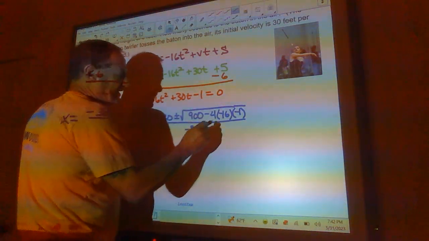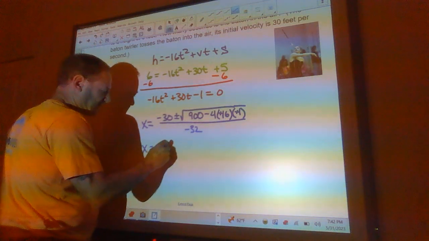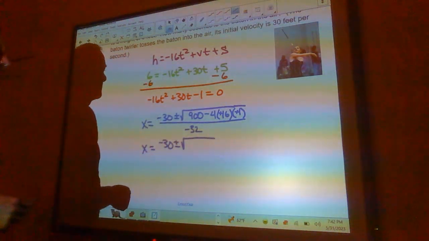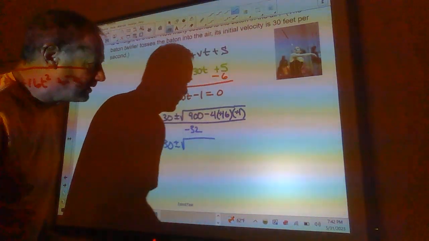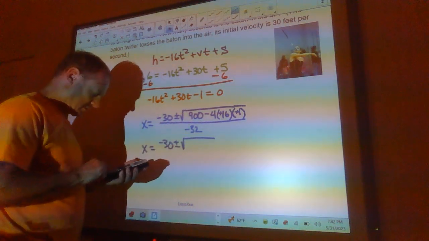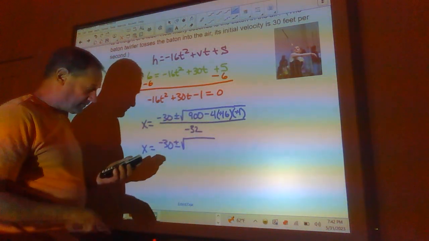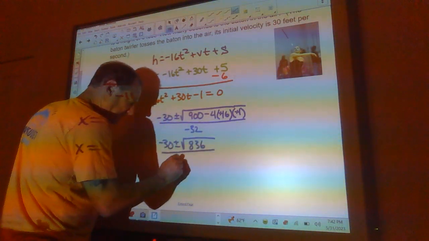Okay, so we've got some negatives that cancel out here. So x is going to equal negative 30 plus or minus the square root. Let's see, that's going to be 900 minus 64. My brain's not up for it today. That's going to be 836 over negative 32.